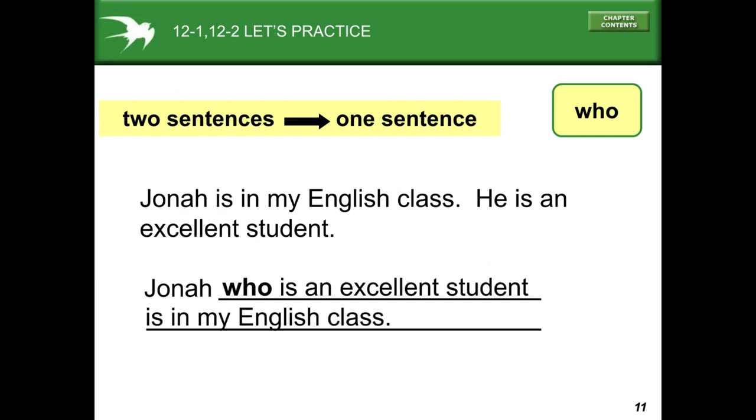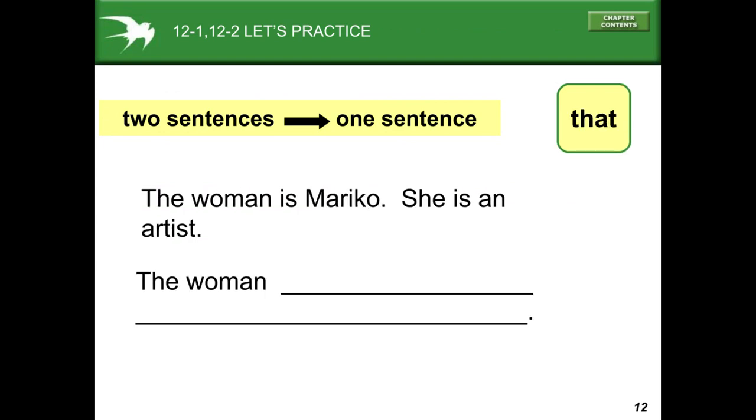So here's some practice examples. So Jonah is in my English class. He is an excellent student. If we're trying to combine these together, we would say Jonah, who is an excellent student, is in my English class. That's a way of combining these two sentences together. Okay? Here's another example.